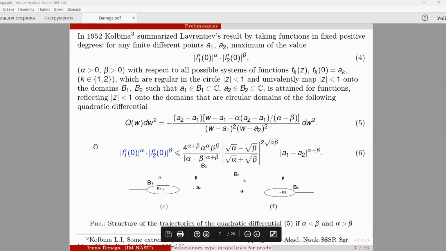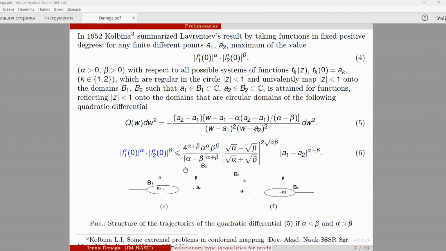Then in 1952, Kolbina generalized Lavrentiev's results by taking functions in fixed positive degrees. Then for any finite different points a1 and a2, the maximum of the value 4 is attained for functions mapping the unit disk onto the domains that are circular domains of the quadratic differential 5.